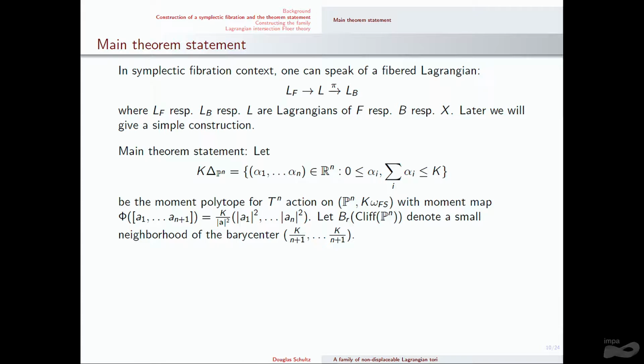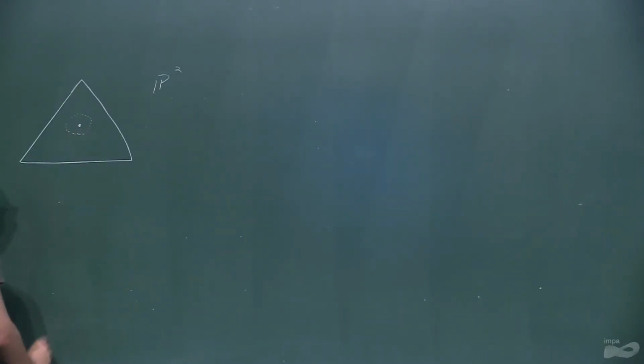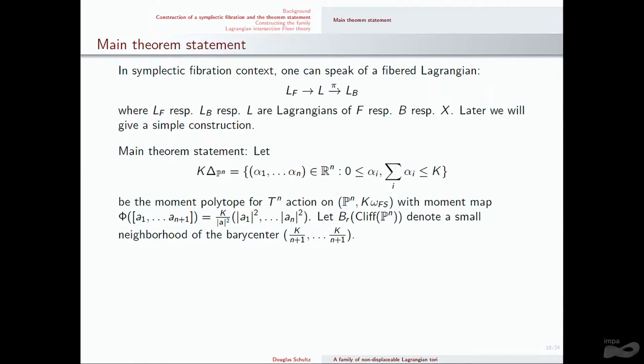And I'm thinking of a little neighborhood in the moment polytope surrounding the Clifford torus. And r is small, how small I cannot say. So this lies in the moment polytope.